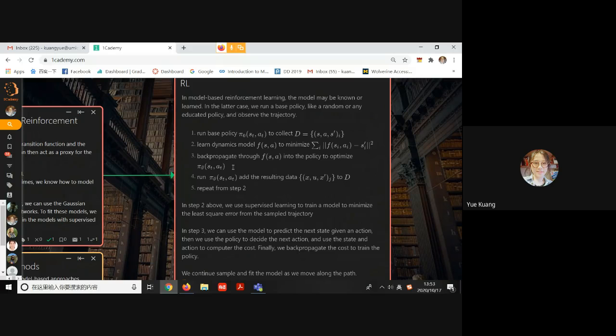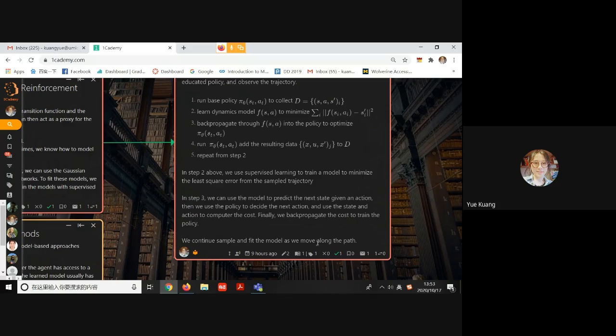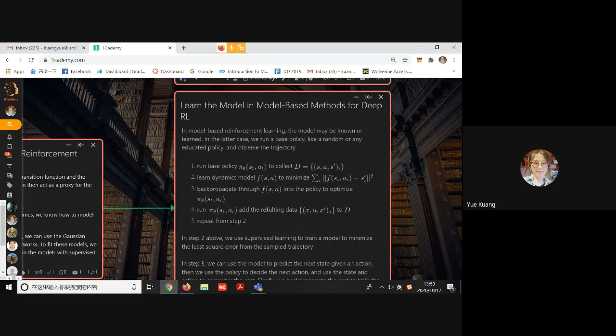Now we have an updated policy. We run it and add the resulting data, more observations of trajectories, to the set D. After that, we repeat from step 2 and loop through steps 2 to 4, continuing to sample and fit the model as we move along the path. So that is the overall structure of how a model-based method works.